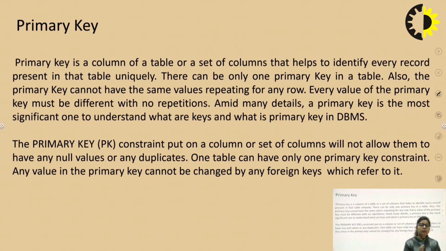This is the main point, the most important point: every table has only one primary key, and the primary key is not null. Other keys may or may not be null, I will explain later. But the primary key is always one and not null. Duplicate values are not present in a primary key. Any value in the primary key cannot be changed by any foreign keys which refer to it.